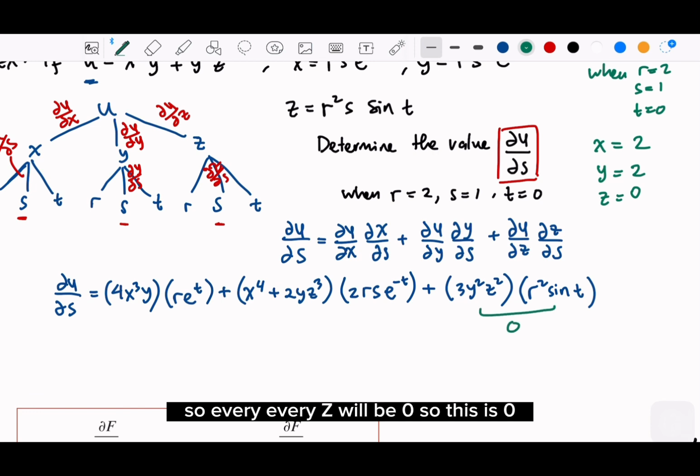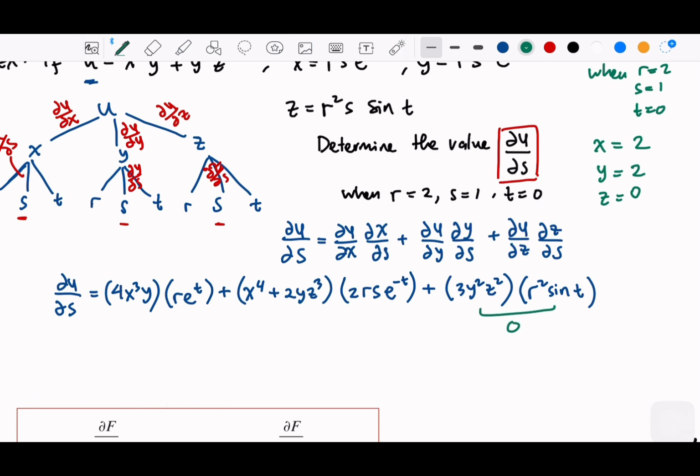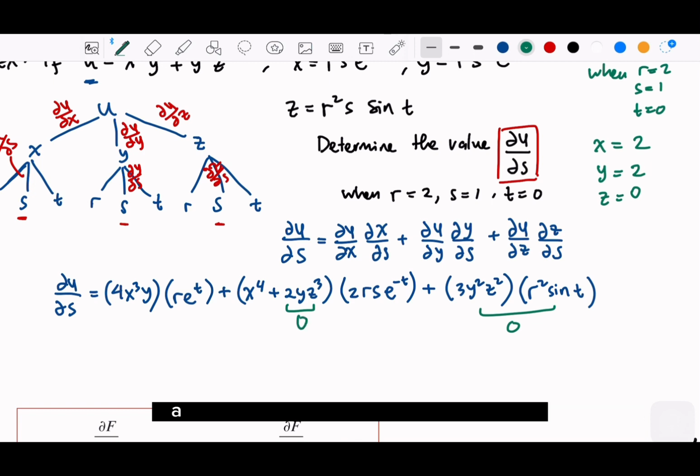So this is 0, this is 0, this is 2 to the 3, it's 8, 32, 64, right? 64. R, this is 2. Okay. So x to the power of 4 is 16.